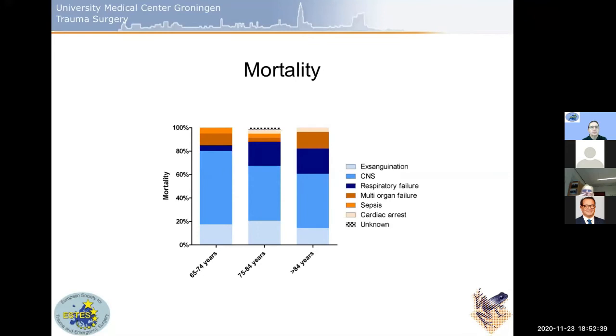The group of respiratory failure, you see the older the patient is, the bigger the reason is respiratory failure. And of course, you see the main reason of mortality still is head injury, the light blue.